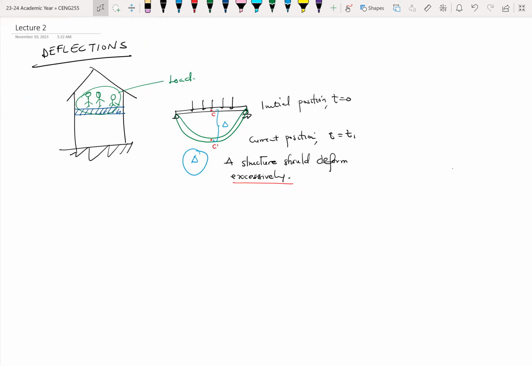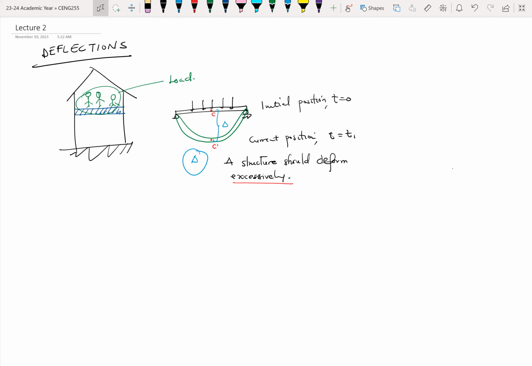It doesn't matter what structure we have, no matter how well they are designed, how well they are constructed, they will deform. But the key thing is that we don't want them to over deform. Any beam that we have in any of the classrooms or campus has some form of deformation or bending within the beams.